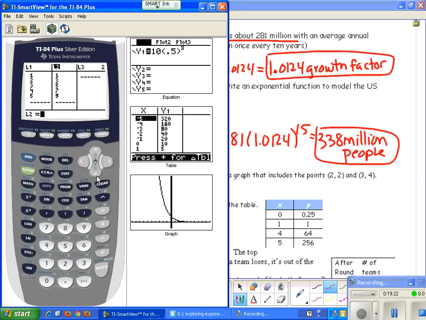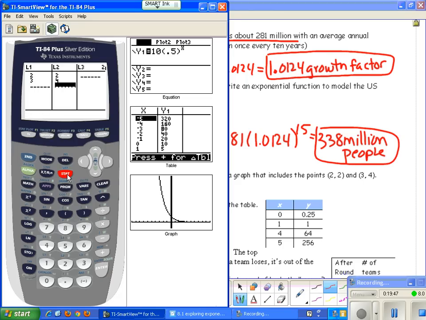I'm going to highlight it, hit clear, and push down to clear it. And I'm going to enter my points. Remember, list 1 are your x values, so I have a 2 and a 3. And in list 2, I have the y values, which are 2 and 4.